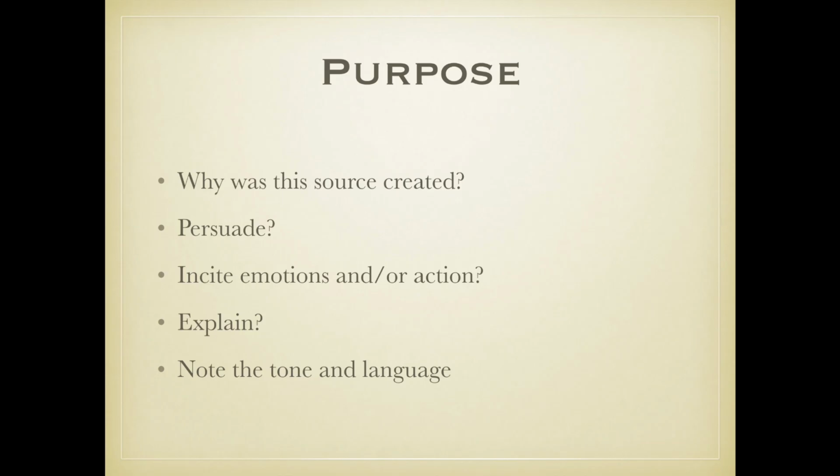That will tell you a lot about the purpose and therefore will also really hint about how reliable a source is. Typically, a source that's intended to incite emotions using sarcasm or using negative or overly positive speech or tones or words is not going to be the most reliable. So those are things you really need to pay attention to whenever you're trying to get to the heart of reliability.